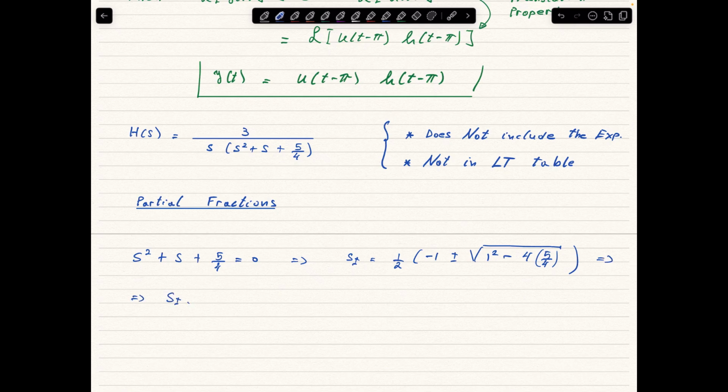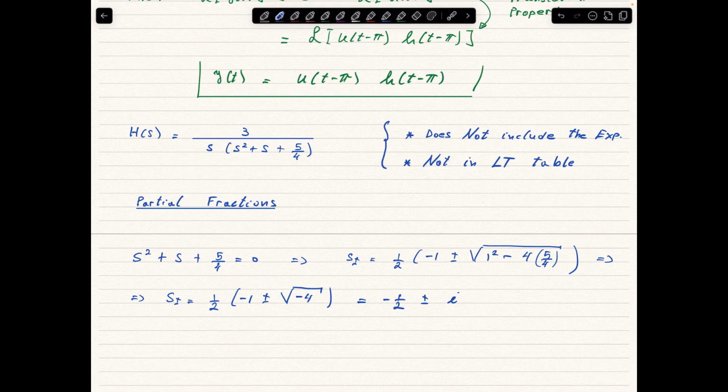S plus minus is 1/2 times negative 1 plus minus the square root of, what do we have here? 1 minus 5, so negative 4. Well, this is going to give us complex roots, isn't it? Actually, this is equal to negative 1/2 plus minus 2 over 2 is 1, so i. So we have complex roots.